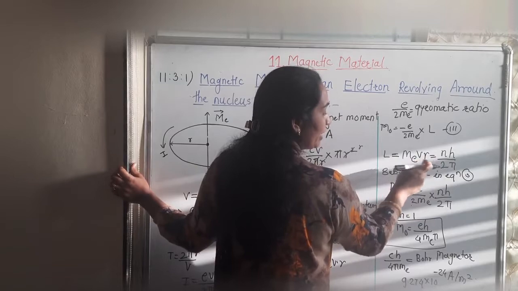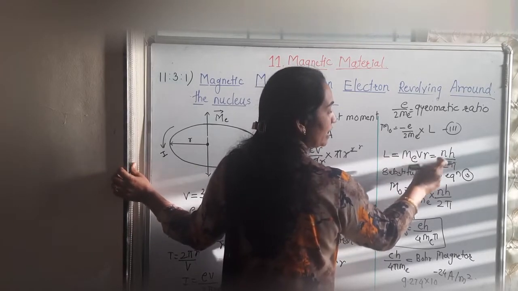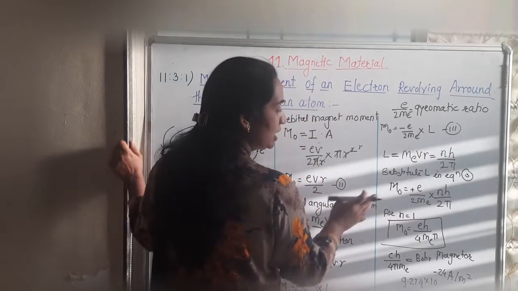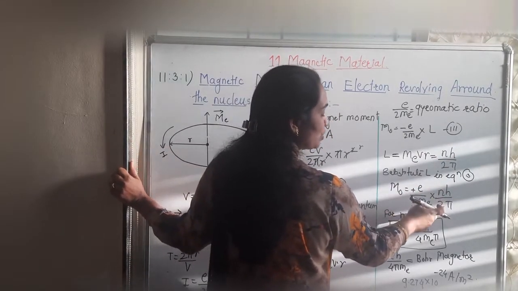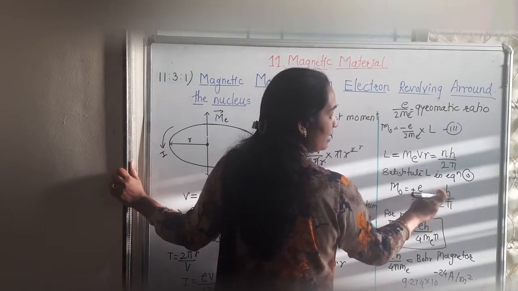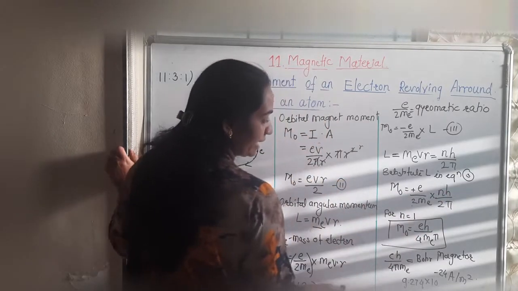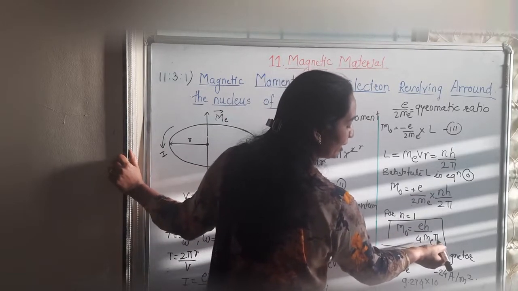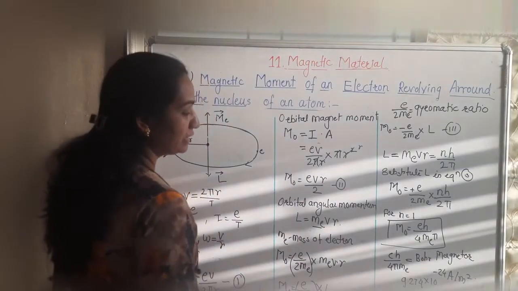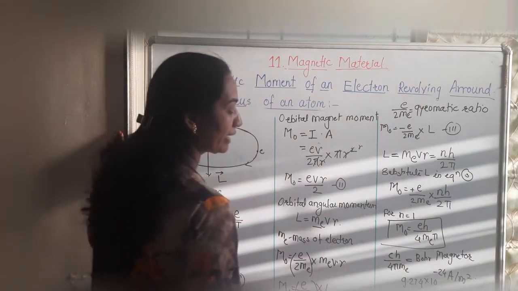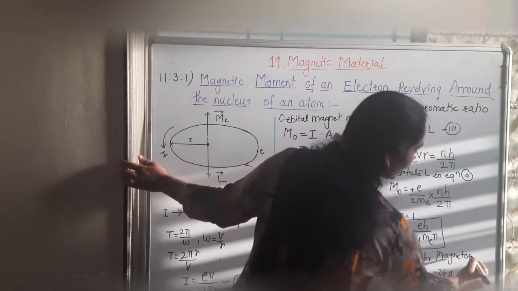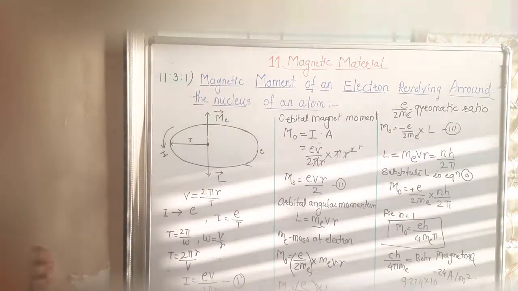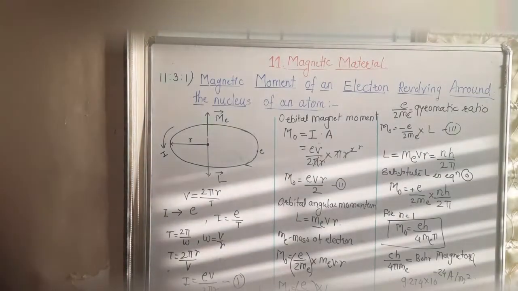H is Planck's constant. Substituting nh upon 2 pi in place of L, we get the magnetic moment eh upon 4 pi Me. This value is called the Bohr magneton, and it is equal to 9.274 into 10 raised to minus 24 A m squared.